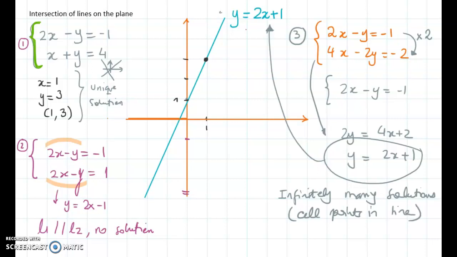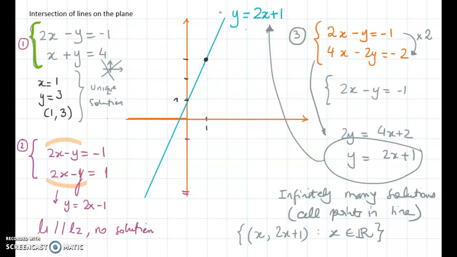And we can write how those points look. We know that when we consider a value of x, then to belong to the line, the value of y has to be 2x plus 1. So this is one way of writing how the solutions look: x such that x is a real number, and then we consider the pairs (x, 2x plus 1).